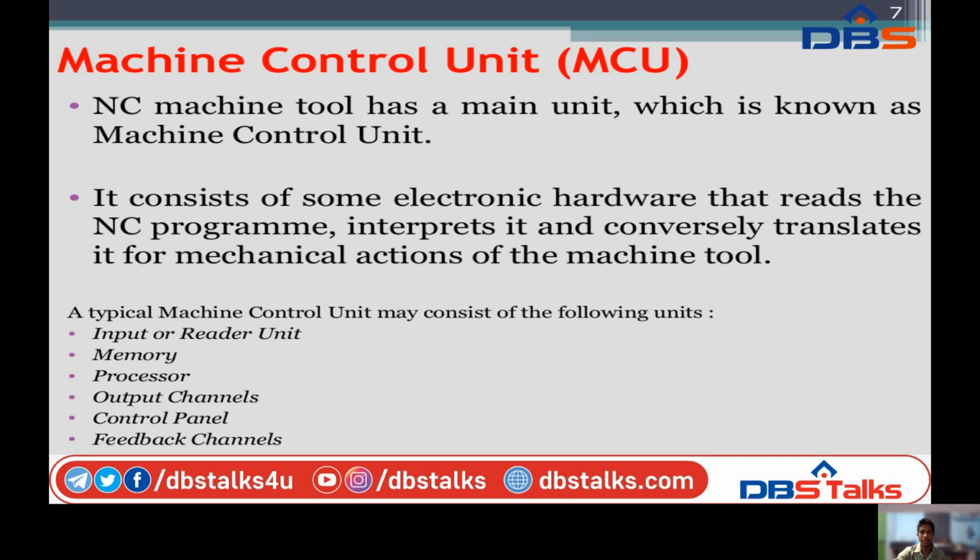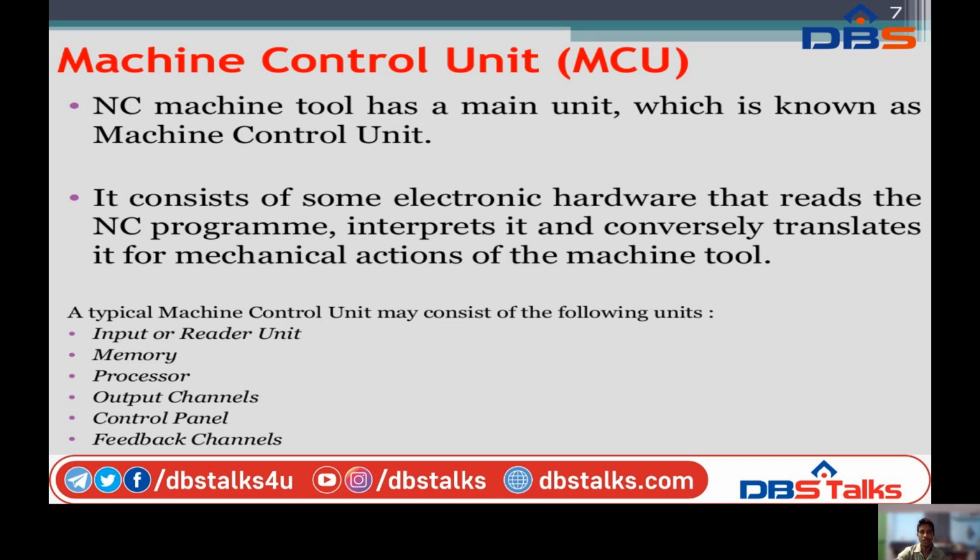That means an NC machine tool has a main unit which is known as the machine control unit. It consists of electronic hardware that reads the NC program. First of all, we are giving the NC program to the NC controller. After that it interprets and translates it into mechanical actions of the machine tool. Already I told you, we are giving NC codes to the numerical controller.